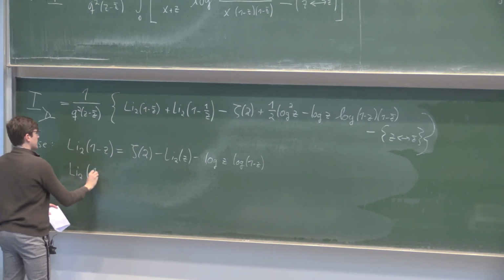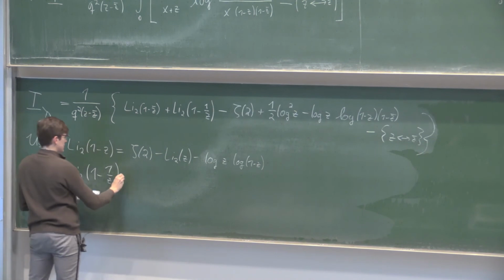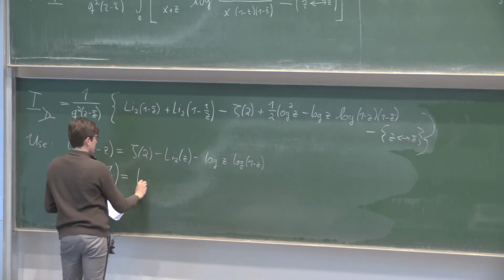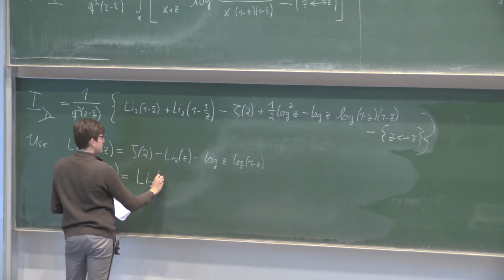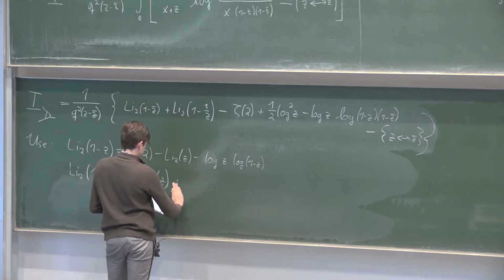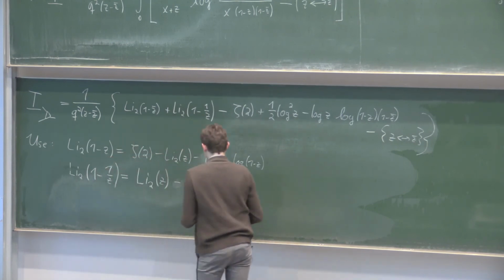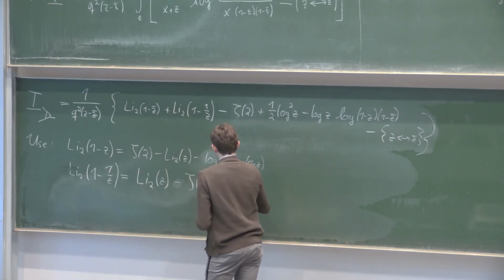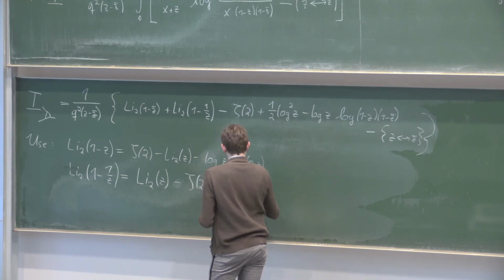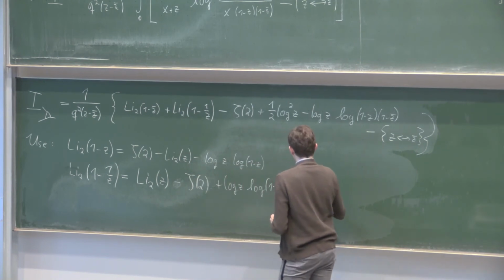We also have an identity to rewrite our second term, which is one more term. So this is also just Li2, essentially, up to some logarithms. So there's a minus zeta 2 in this case, and log of z log of 1 minus z, minus a half log squared z.